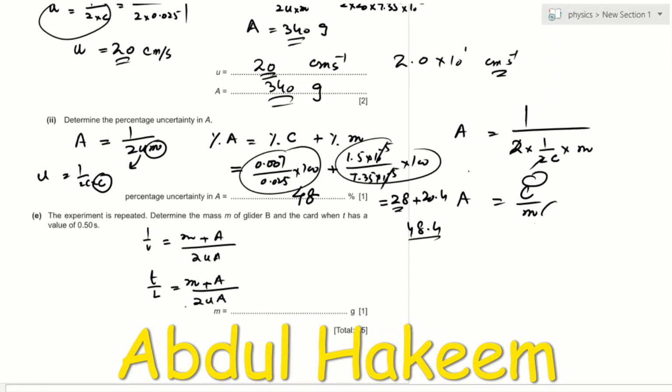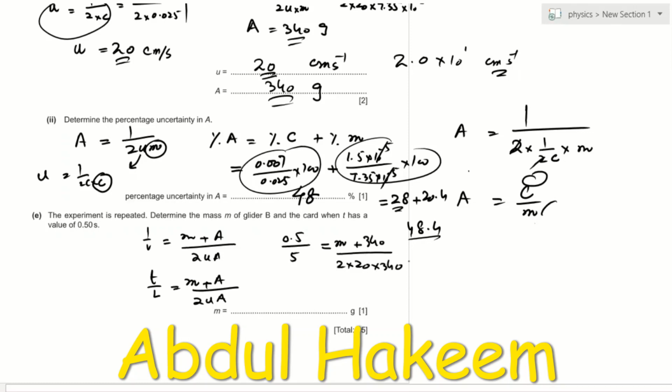Now M is required. So this T is equal to 0.5 and the length is given 5 centimeter. The mass M is required plus A calculated is 340 divided by this 2 and the U is 20. Yes, and the A is calculated 340.